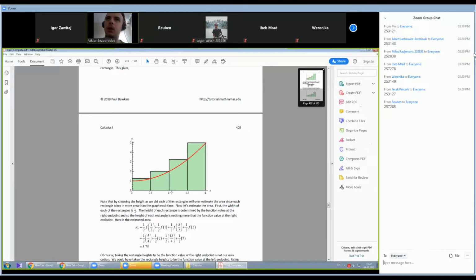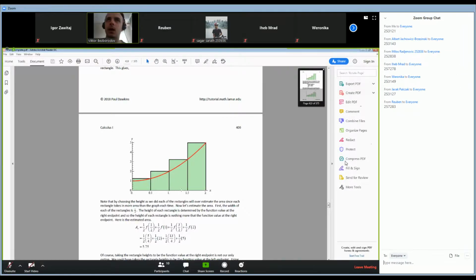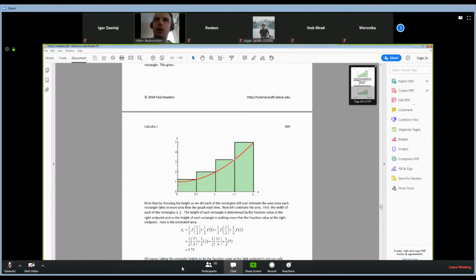The width of the rectangle is the length of the subinterval, but the height is going to be the highest point of the function on this subinterval. Since the function here is increasing, the height is always the value of the function at the rightmost point. For example, the height of this third rectangle is going to be here.